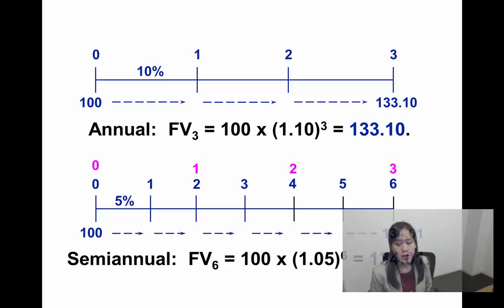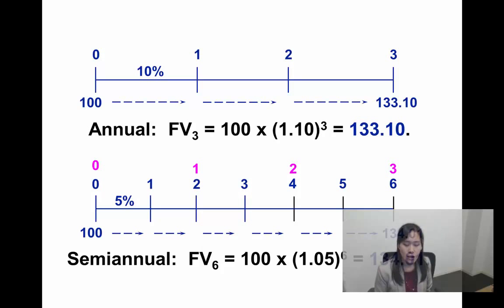We know that the future value equals the present value, which is 100, times 1 plus the interest rate, which is now 1.05, raised to the 6th power because we have 6 periods of compounding. And that gives us $134.01. So, as you can see, the future value in 3 years is different under annual compounding and semi-annual compounding.